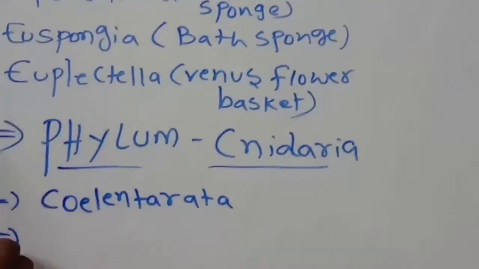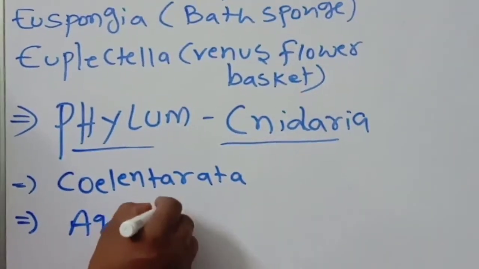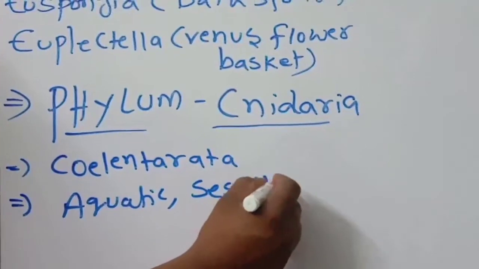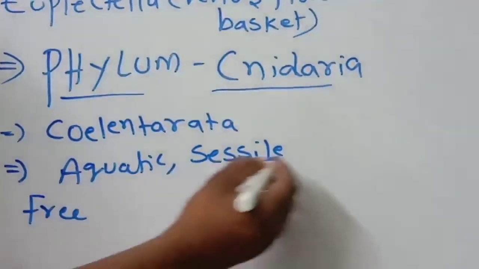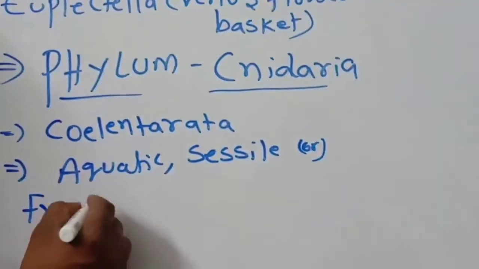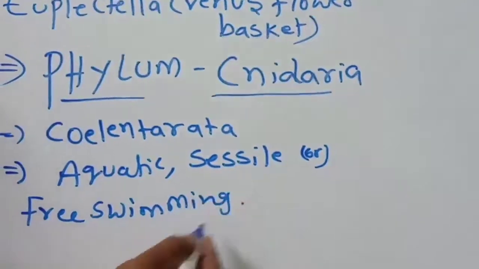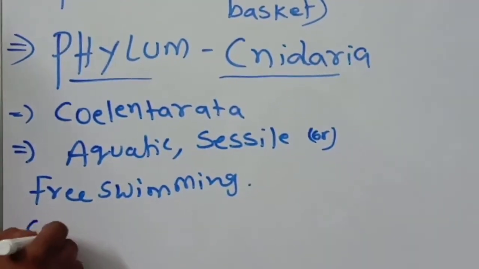These are aquatic, number one, and sessile or free swimming, number two, number three. Next one, solitary or colonial.